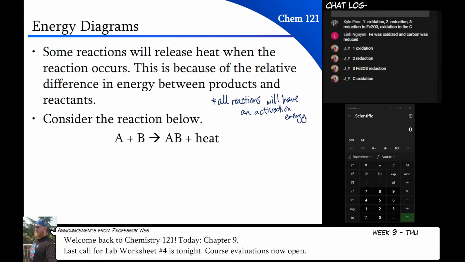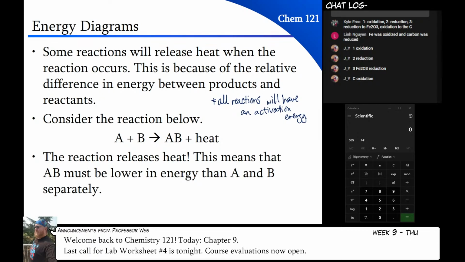In other words, I have to put in a certain amount of energy before the reaction will go. We'll show that on our diagram too. We're going to look at this reaction here.